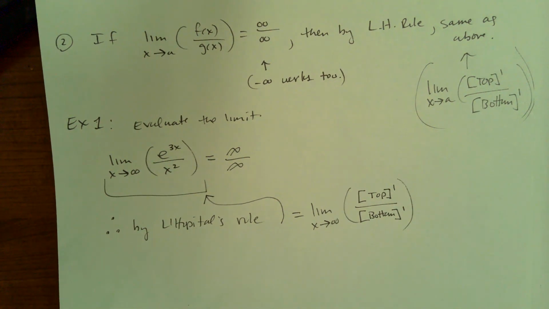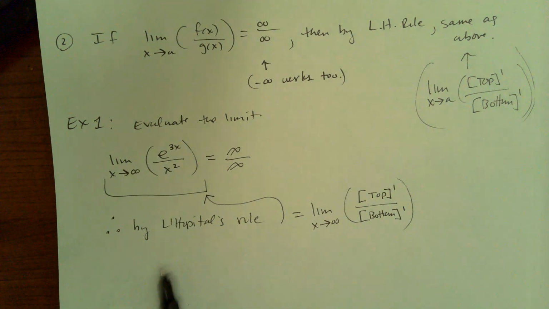When we're doing our practice, it's okay maybe if you just say "therefore by LHR," as the students last year would say. But when you get to the AP test, you've got to write out L'Hopital's rule. If you misspell it, it's okay, but an abbreviation wouldn't cut it.